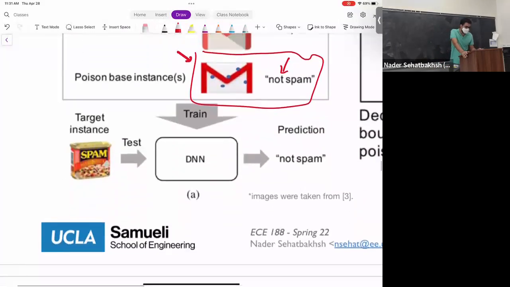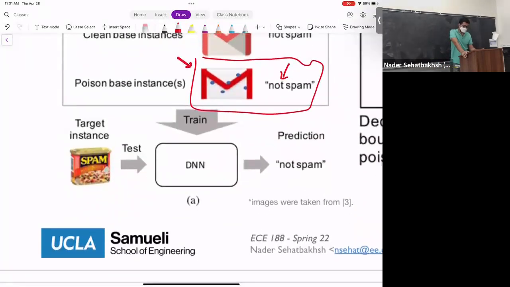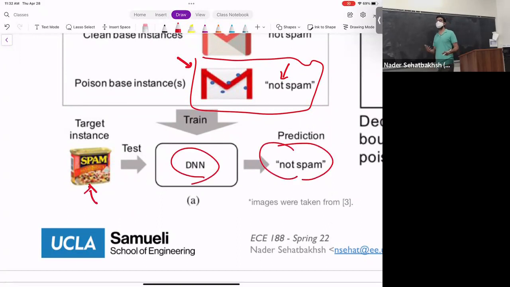So we're going to train the system, and the goal of the attacker is that during inference time, when it actually sends a real spam, the system is fooled and predicts not spam. Okay, that's the ultimate goal of the attacker: it poisons the training data samples and forces the system to be trained on them.